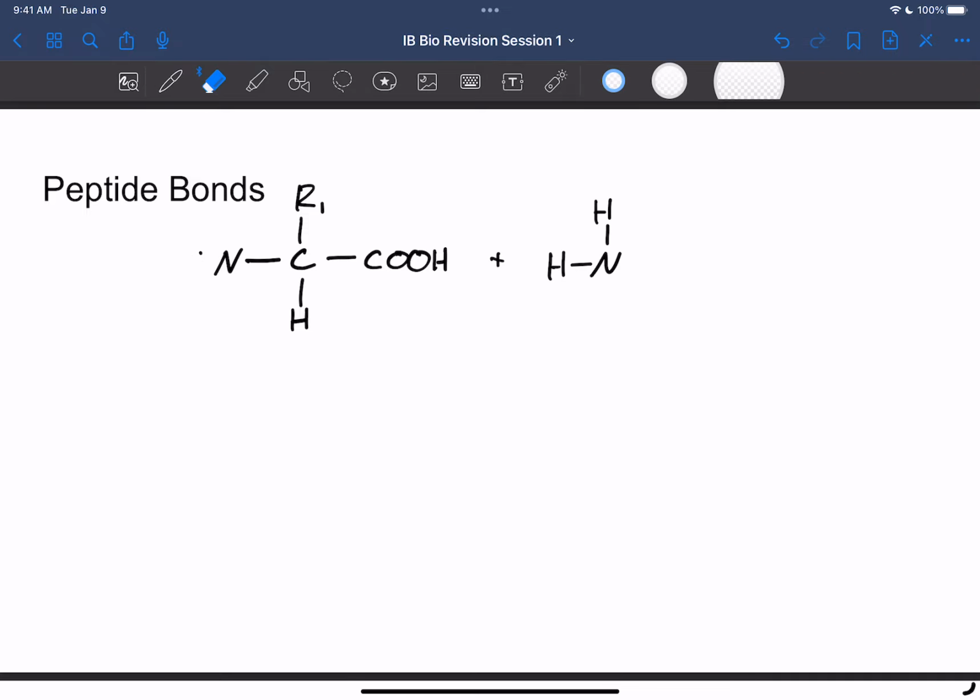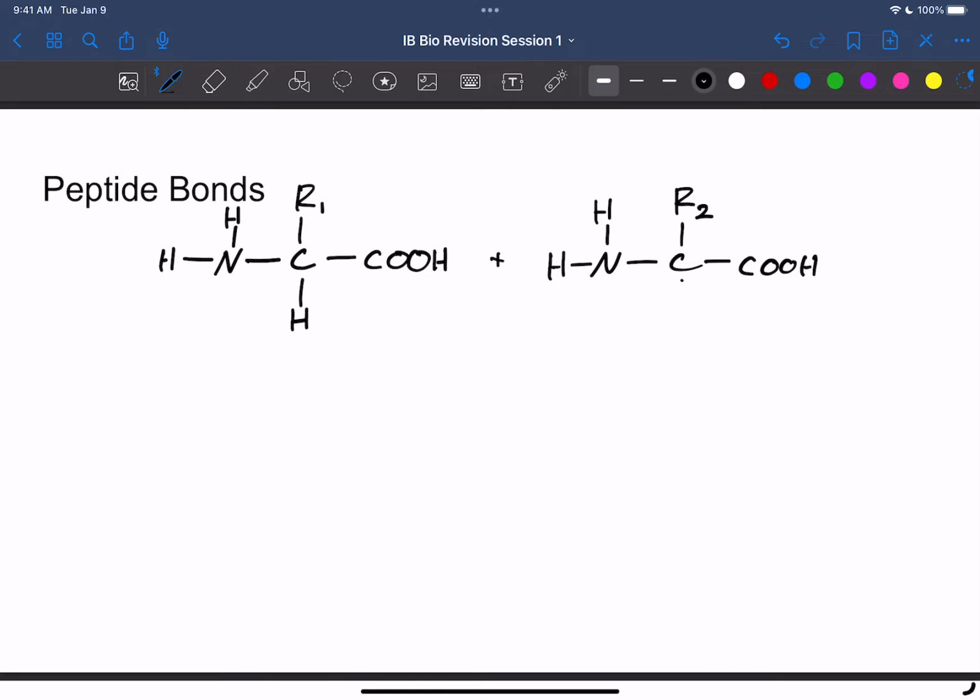I think it'll be a little bit easier if we just draw it this way. And this is R2. So what's going to happen? Oh, this is a lot better. Yeah, that's the carboxylic acid group.